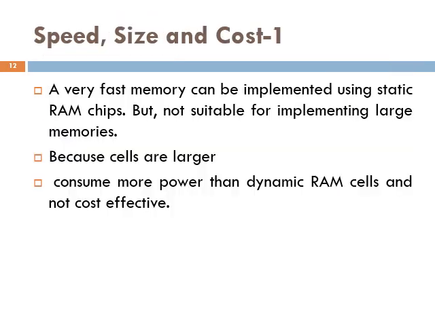A very fast memory can be implemented using static RAM chips, but these chips are not suitable for implementing large memories because their basic cells are large, consume more power than dynamic RAM cells, and are not cost effective.